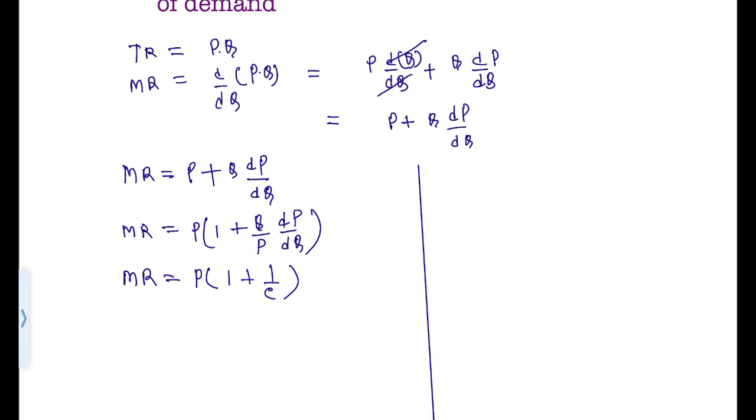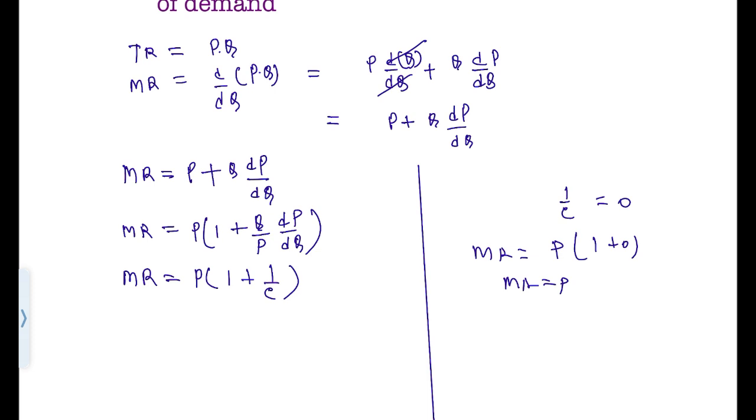In such a case, E tends to infinity and one upon E converges to 0, so it is P times one plus 0, and marginal revenue equals price.